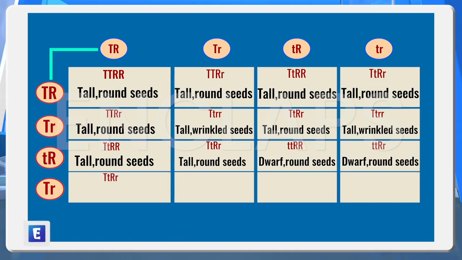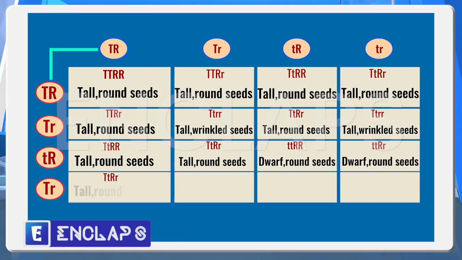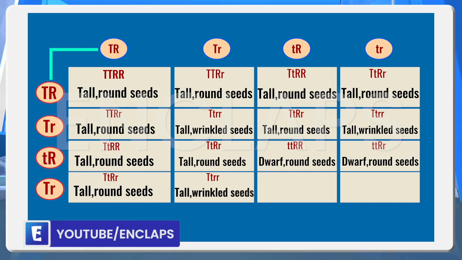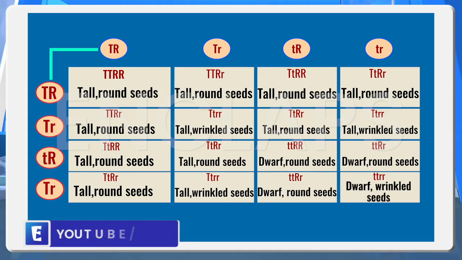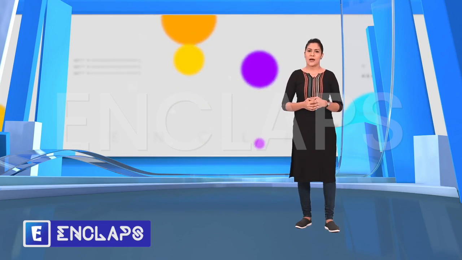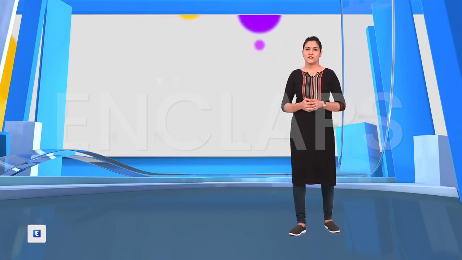Capital T small t, capital R small r: tall, round seeds. Capital T capital T, small r small r: tall, wrinkled seeds. Small t small t, capital R small r: dwarf, round seeds. Small t small t, small r small r: dwarf, wrinkled seeds. Through this experiment, Mendel could find the reason for the appearance of new combinations of characters in the offspring that were not expressed in the parents.